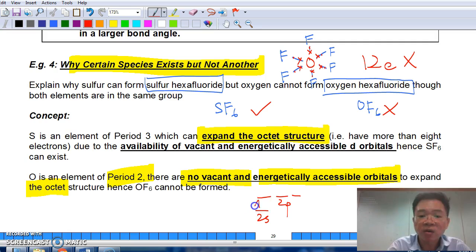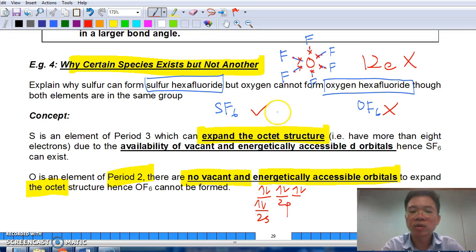If they are all filled with 8 electrons, the next available energy orbital is the 3s. If I were to exaggerate, the 3s empty orbital is too high up in energy level for it to be filled easily. So that's what it means. It has no vacant and energetically accessible orbital.